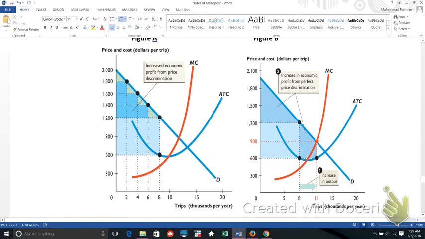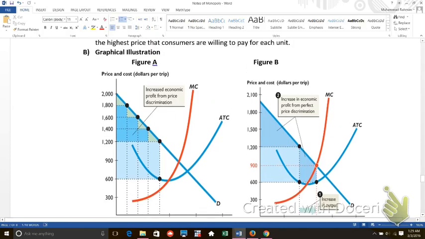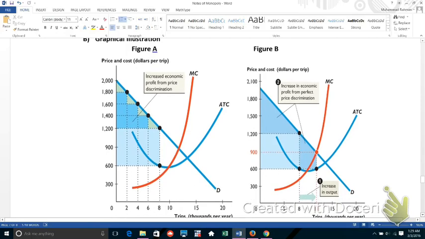Let's look at this price discrimination from a very intuitive graphical perspective. Let me first start with figure A. In figure A, notice that a regular monopolist would charge where marginal cost is equal to marginal revenue.